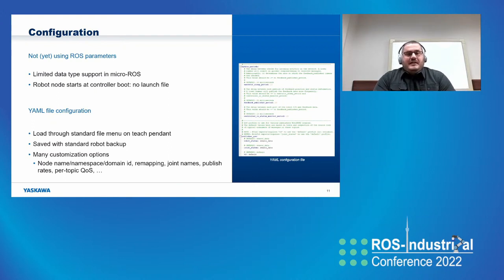At boot up time, it reads this configuration file, and that configures everything you need to know. You can customize the QoS settings, the publishing periods, the joint names, and whether you want TF data or not. So there's a lot of options available that you can make suit your application's needs.